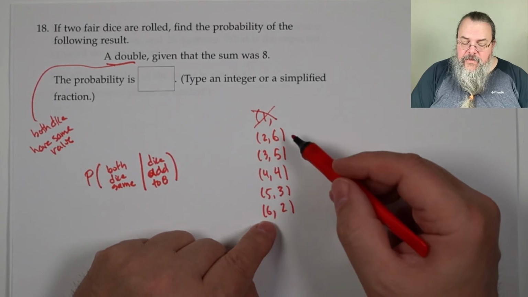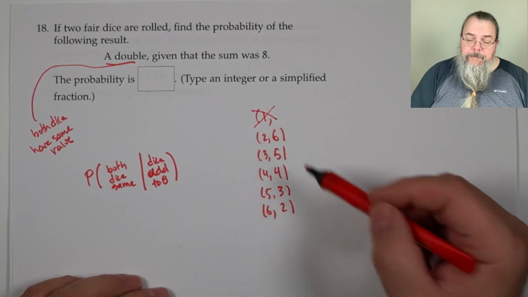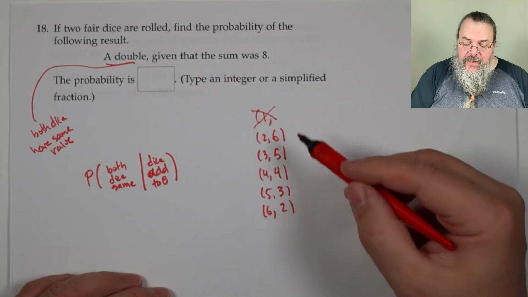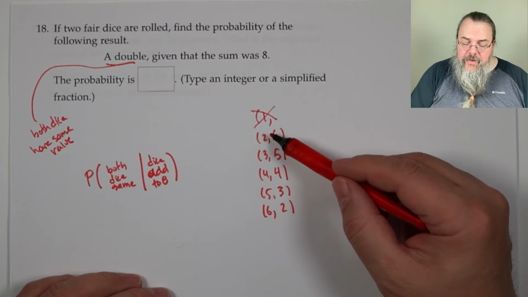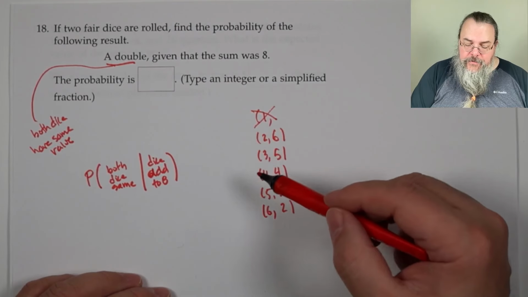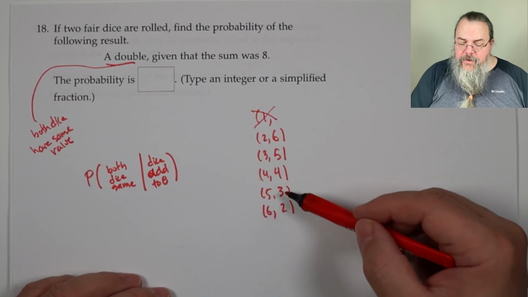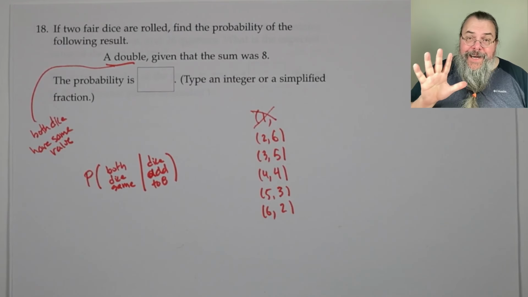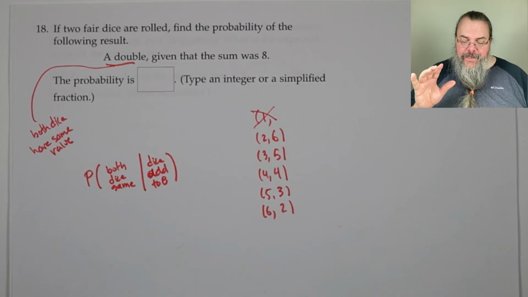All right. So, what does that say? If I roll and I have a sum of 8, that says the first dice was 2, the second dice was 6, or 3, 5, or 4, 4, or 5, 3, or 6, 2. Which means there are 5 different cases we're in.